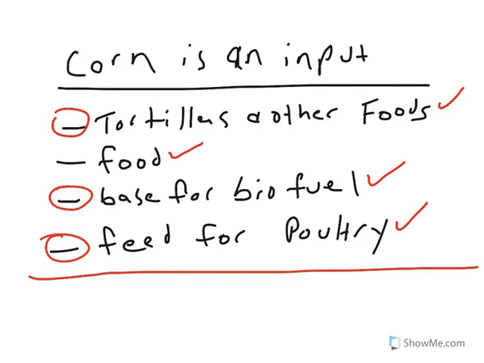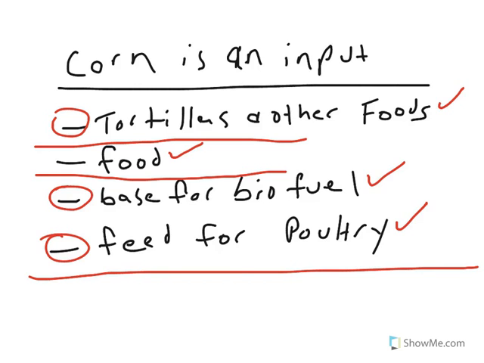For the most part, everyone realized that the price of corn would increase for those of us that are going to go to the market and buy an ear of corn so we could have corn on the cob. We all know that. But what we don't look at, and what we might forget, is that the price of tortillas and other products that utilize corn as an input for food will increase. The cost of biofuels at the pump will increase, and the cost of our chicken and our turkey is going to increase.